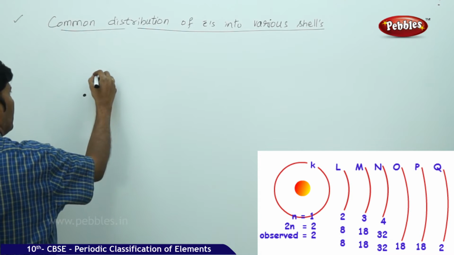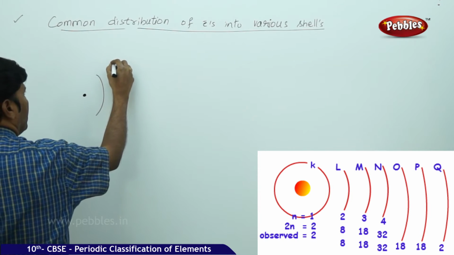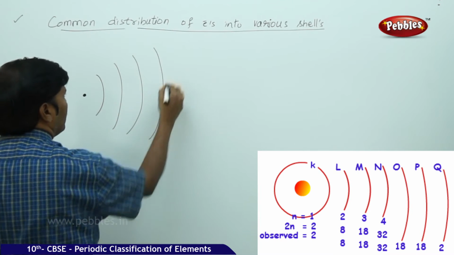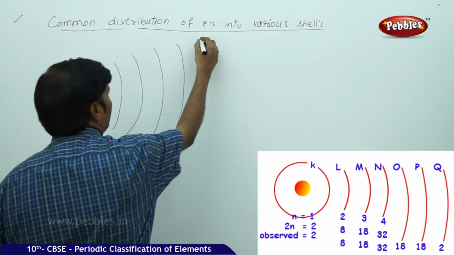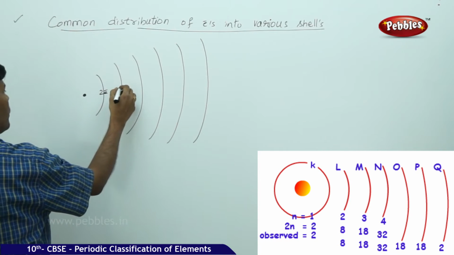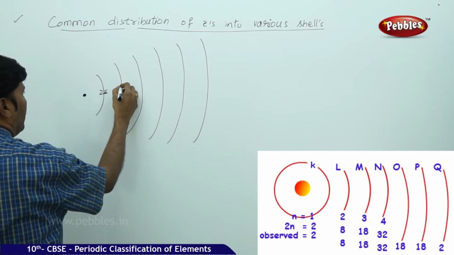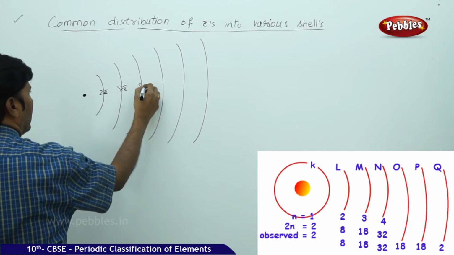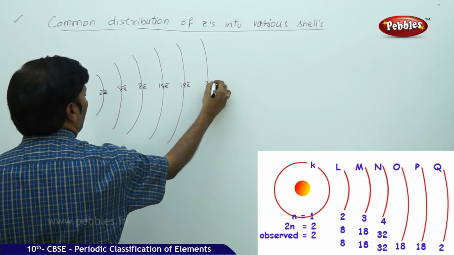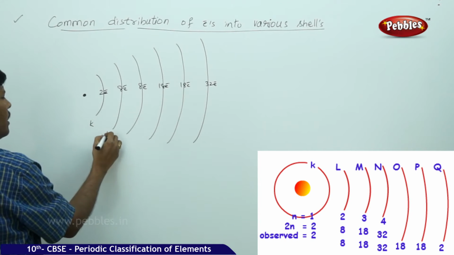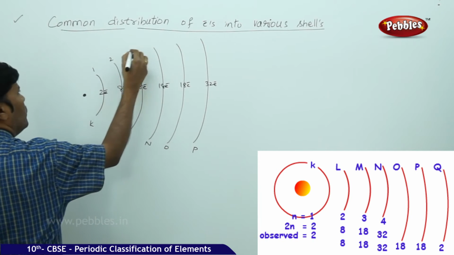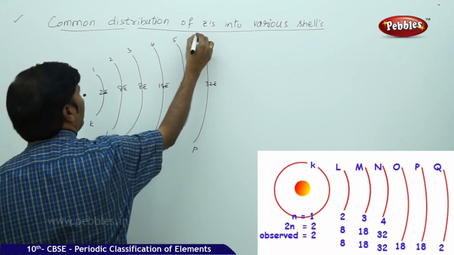This is the nucleus, this is the first shell, second shell, third shell, fourth shell, fifth shell, sixth shell, and so on. In general, the first shell holds 2 electrons, the second 8, the third 18, and then 32 electrons. Here these are K, L, M, N, O, P, or 1, 2, 3, 4, 5 and 6.